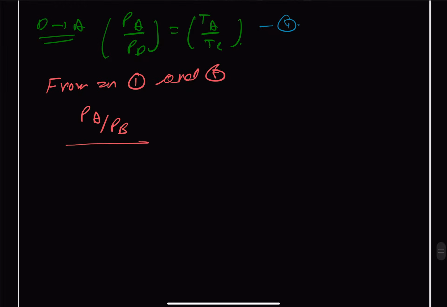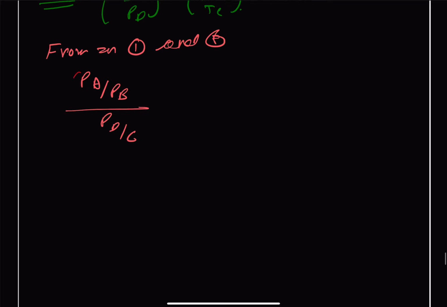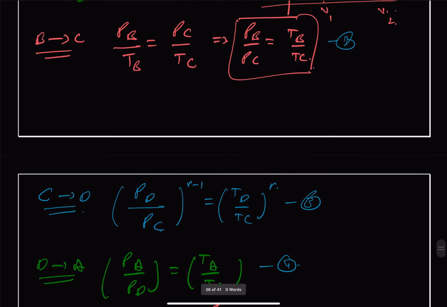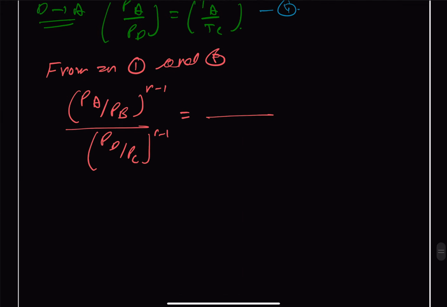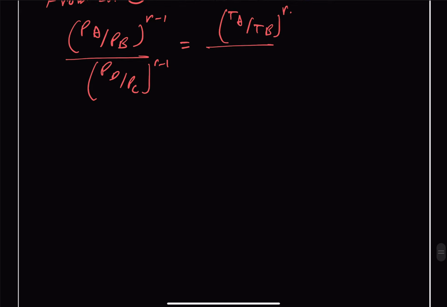This comes as PD by PC, both raised to gamma minus 1, is equal to TA upon TB whole raised power gamma and TD upon TC whole raised power gamma.